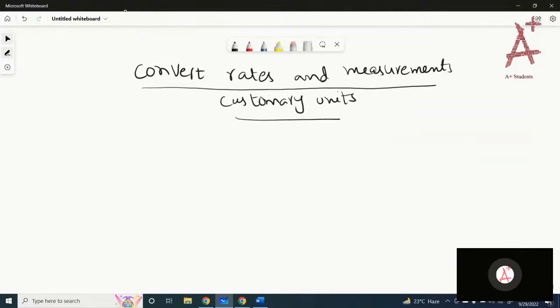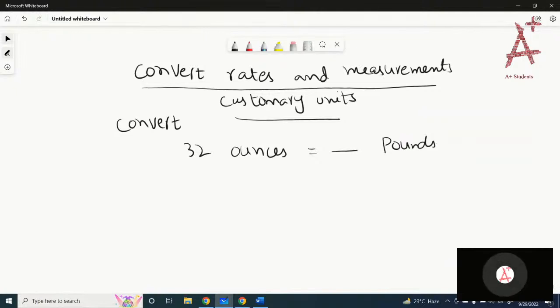The first one is convert 32 ounces to how many pounds? So we have to write a conversion factor to convert ounces to pounds, but ounces is in the denominator so that they will cancel out the ounces that are given.